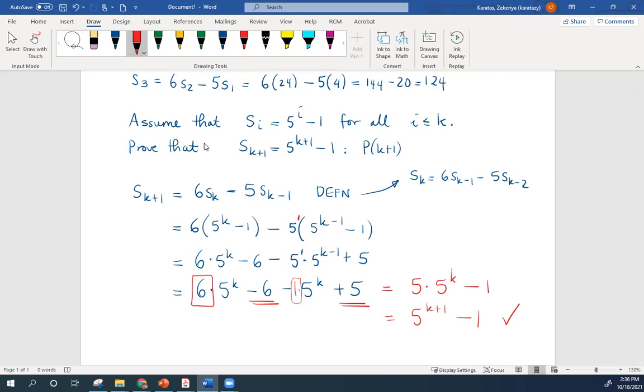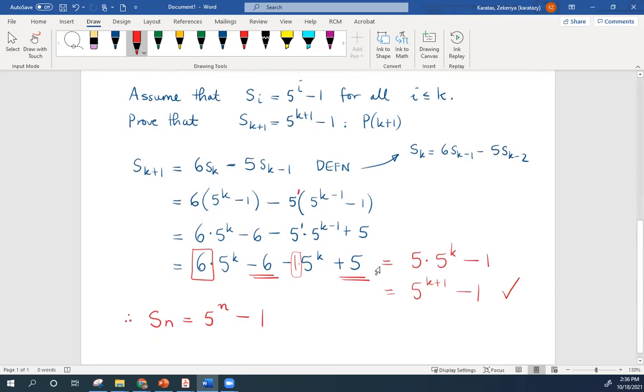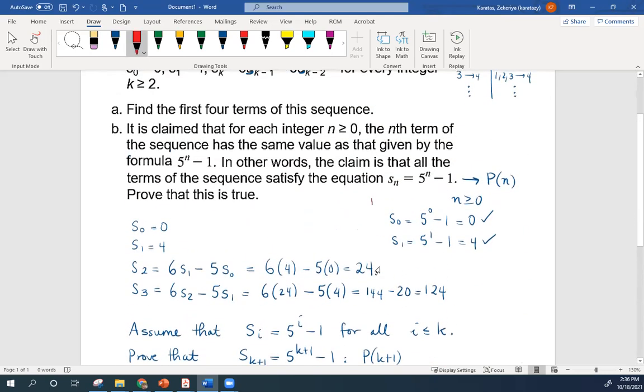This sequence sk, or sn, is therefore actually 5 to the n minus 1. So the given sequence is correct. I hope this example is clear.